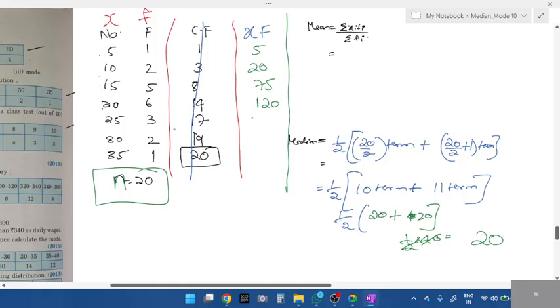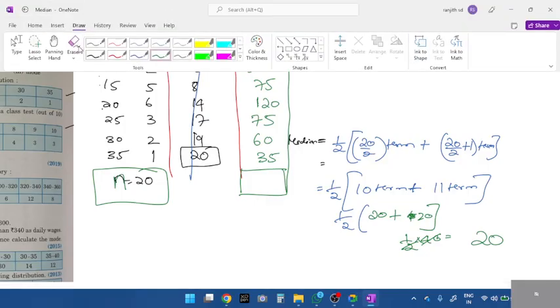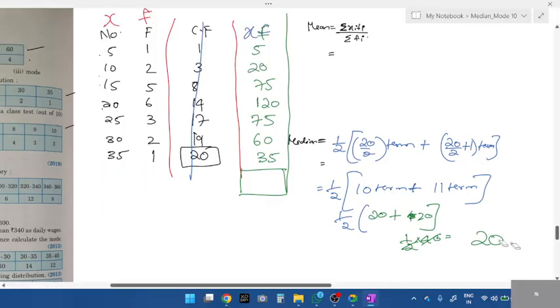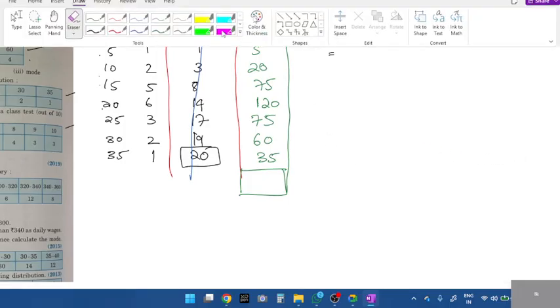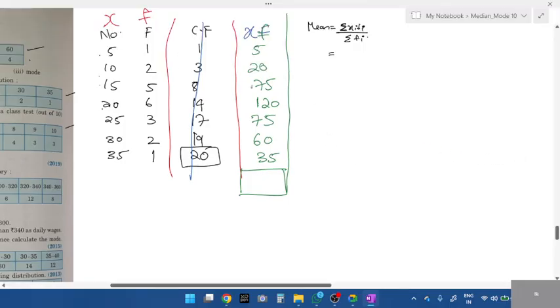Tell me XiFi. What next? 35. What is XF? X into F. So we don't need the CF value. Do we need CF? CF is not required. I'll erase all this. What is the CF value? Naomi, tell me.